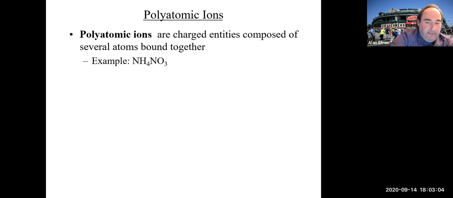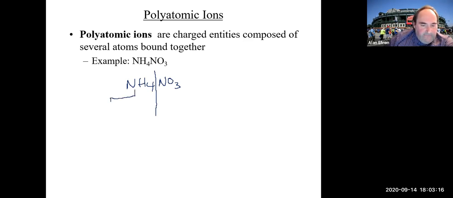So when we look at something like this, NH4NO3, this is actually two polyatomic ions together. I'll just draw it like this, and we would break it apart right about here. The one on the left is NH4+. What that means is this one nitrogen and 4 hydrogens are all bonded together by sharing of electrons, which means they never break apart.